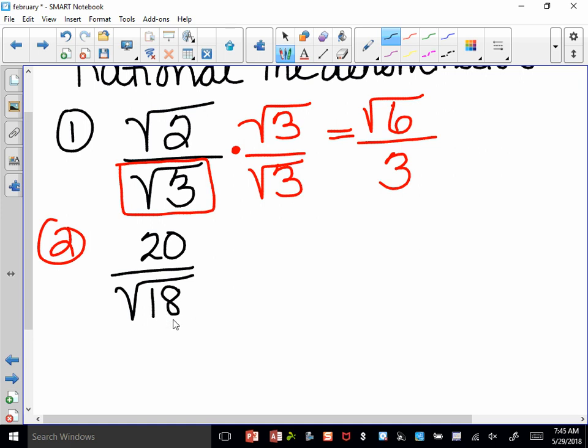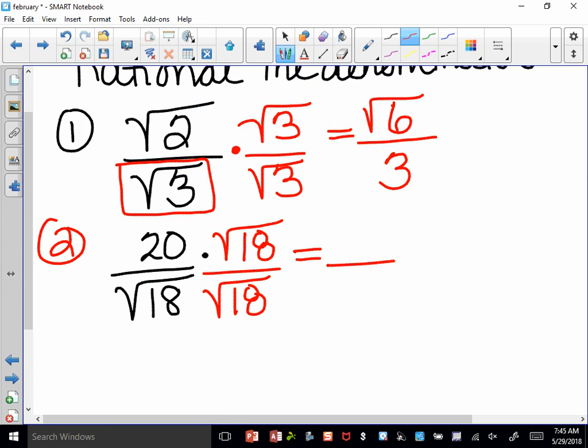Really the choice is yours. Since you have calculators, it's not a big deal. So let's just go ahead and do rad 18. Like I said, since you have calculators, it doesn't matter if the numbers are big or small. So whenever you multiply a radical times itself, you really just end up with what's under the radical, 18. It just makes it a perfect square.